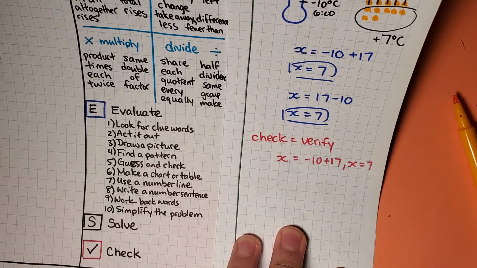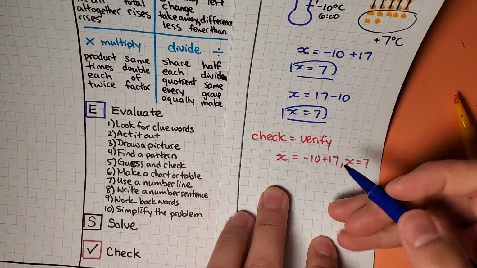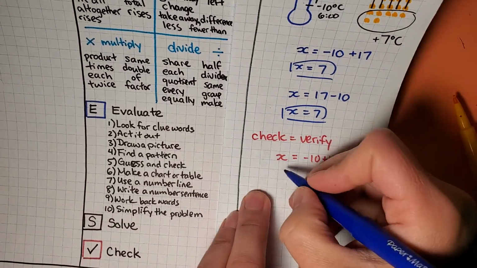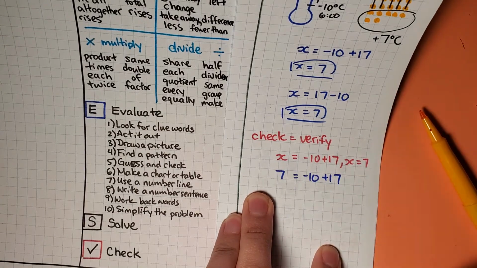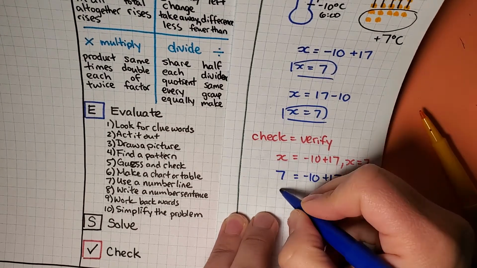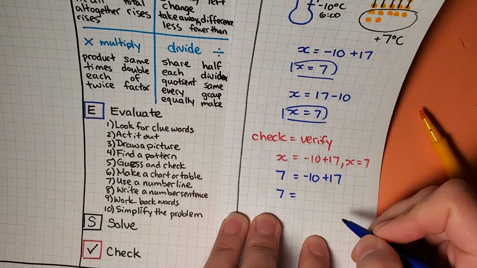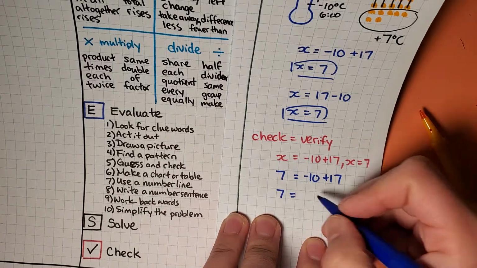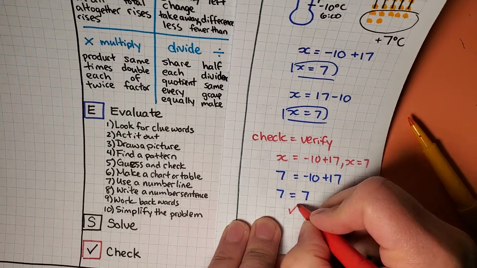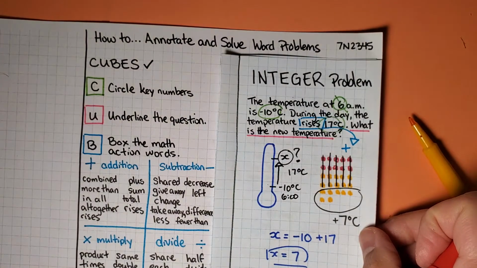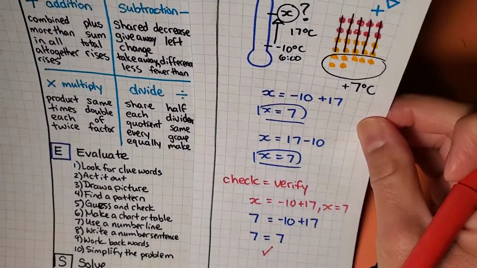So if we have this, you'd substitute 7 for x. Looks like that. And then, well, 7, still 7. And negative 10 plus 17, that's still 7. If the left side equals the right side, it's done. So that's the answer. What's the new temperature? 7 degrees Celsius.